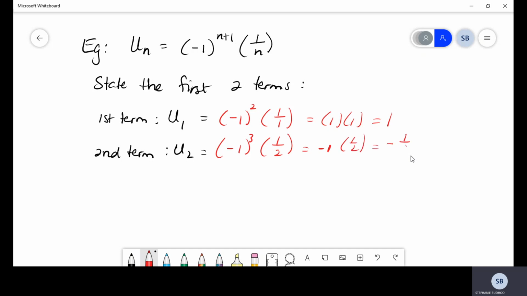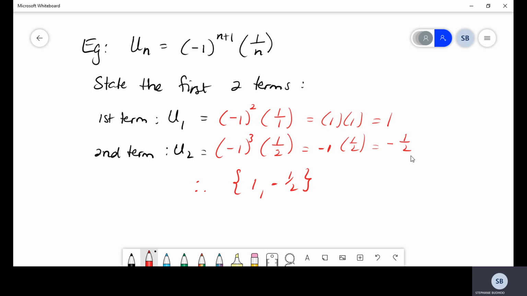So our answer is negative 1/2. So therefore, our first two terms of that sequence will simply be 1 and negative 1/2. And then you can carry this on over and over to find the rest of the terms, right? So you can try those out if you would like.